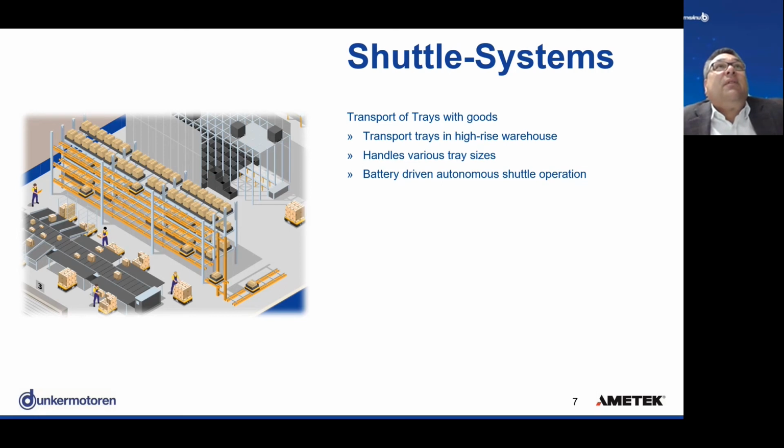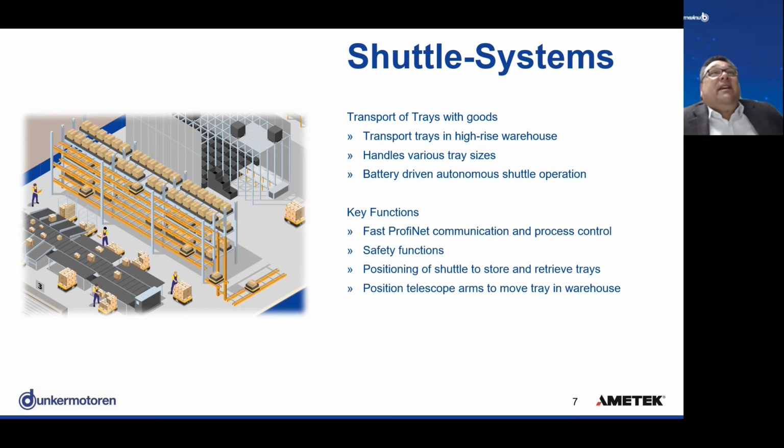And with a telescope arm, they can move in or push in, pull out the trays or the pallets off the storage to the shuttle itself. There are also shuttles which are able to handle various widths of the pallets or the trays, so it's not just available for one size of pallet, it's also for various sizes in width and length of the goods.